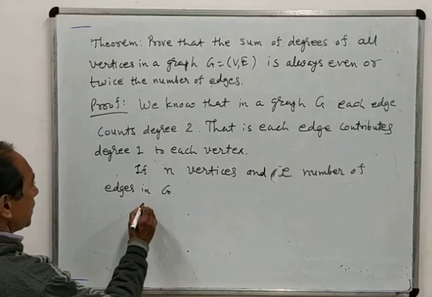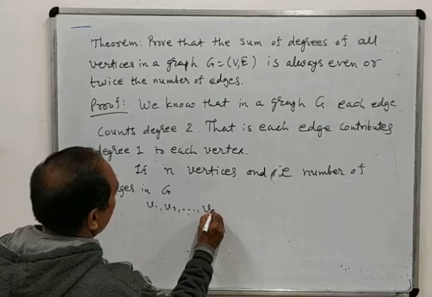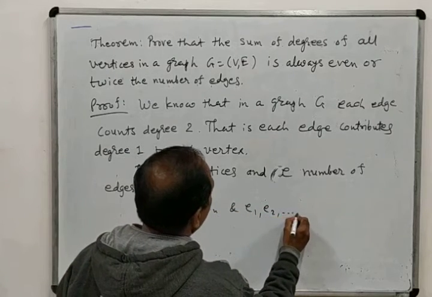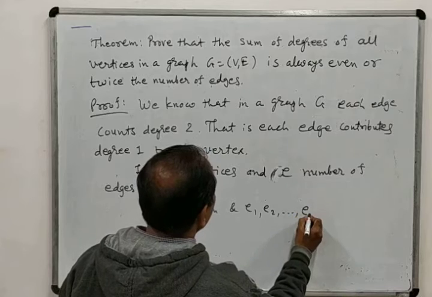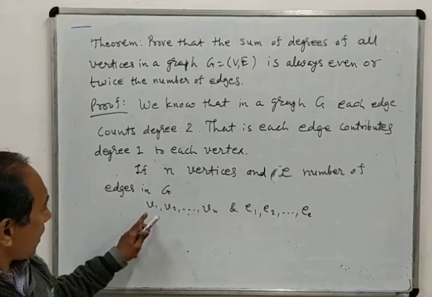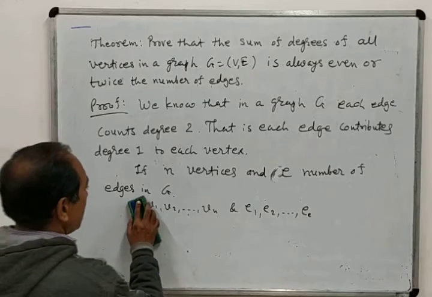And suppose these vertices are V1, V2, V3, up to Vn, and the edges are E1, E2, and so on up to E sub e. You should not write this down; for your knowledge only, I have written the number of vertices here.